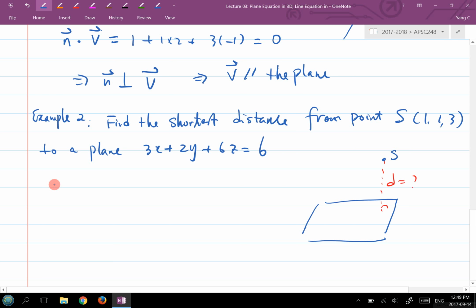The first thing is the normal vector to the plane, which is 3, 2, 6. Another thing is we can always find a point on the plane.